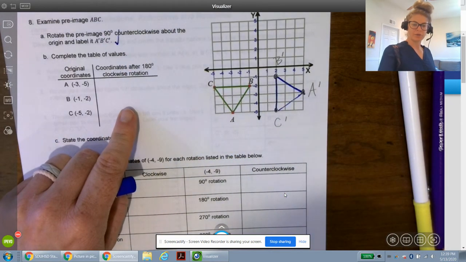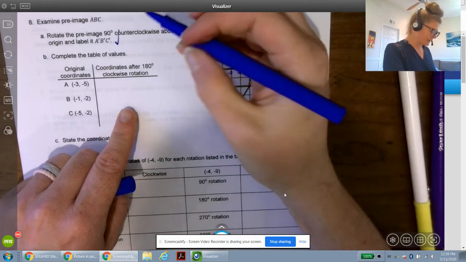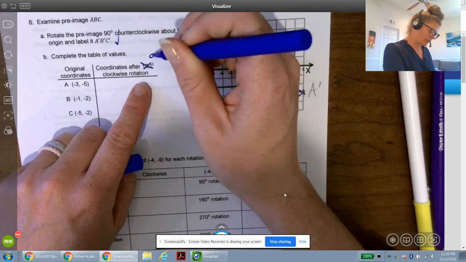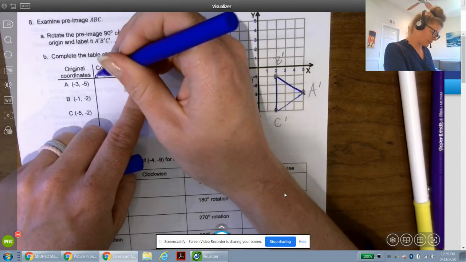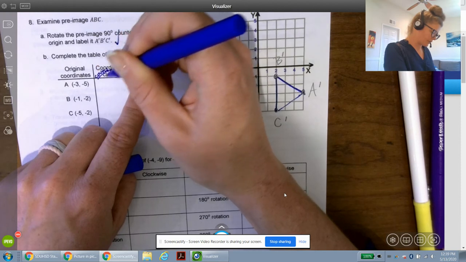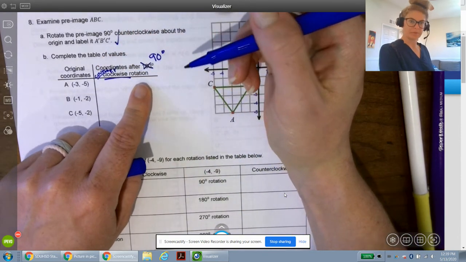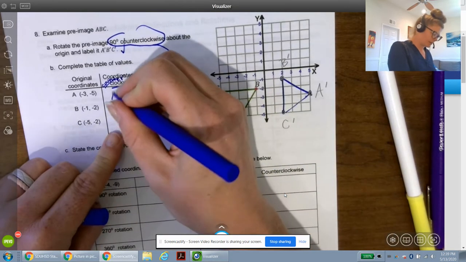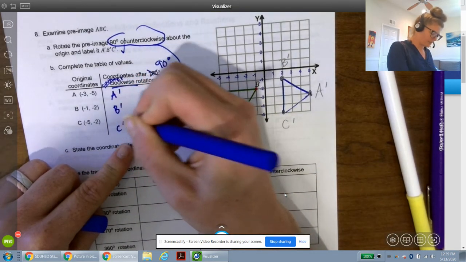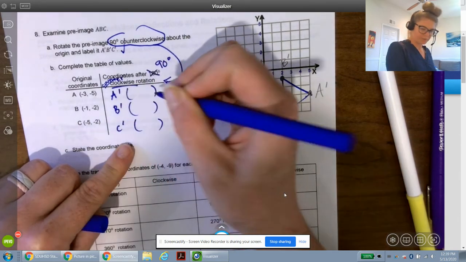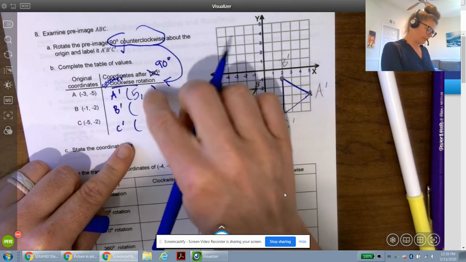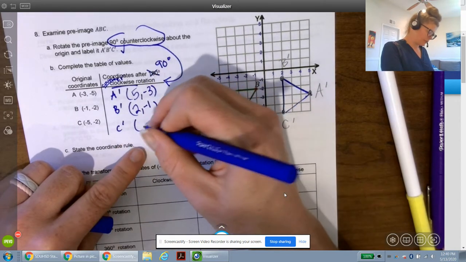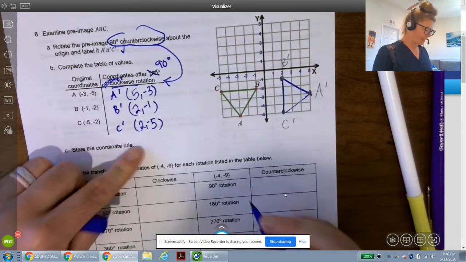Okay, so I did that. And you looked at your coordinates, 90 degrees counterclockwise. So this is coordinates after 180 degrees. Let's just say 90 degrees counterclockwise. Sorry, must have just copied the table from the one before that. So you just circle that. So we have A prime, B prime, C prime. Hopefully you didn't do the 180 degrees. So 5, -3, 2, -1, 2, -5.